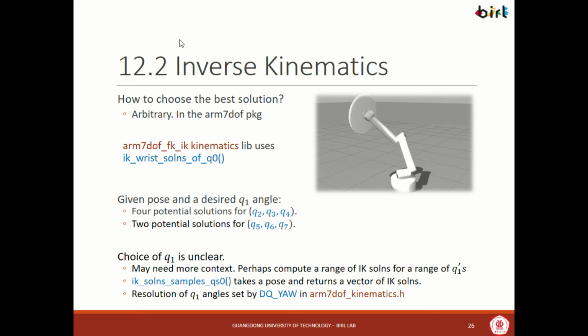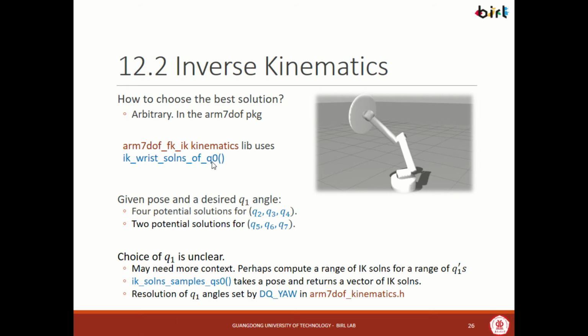It might look like this, or it might look like this. You have all that space to do it. And this would be elbow down, and the robot might still be able to do an elbow up for that. So this code is saying, hey, let's get the IK wrist solutions for a fixed Q0.